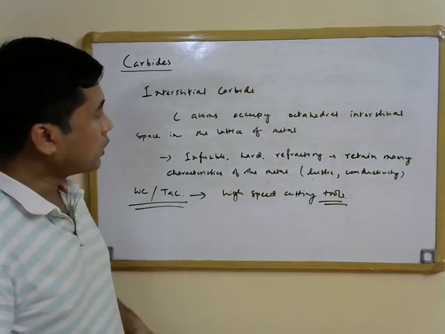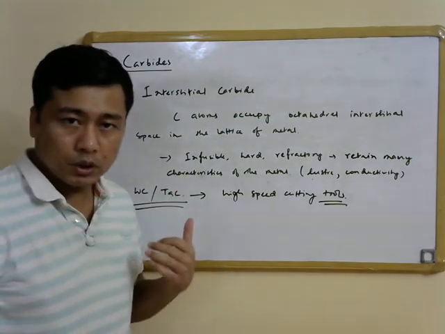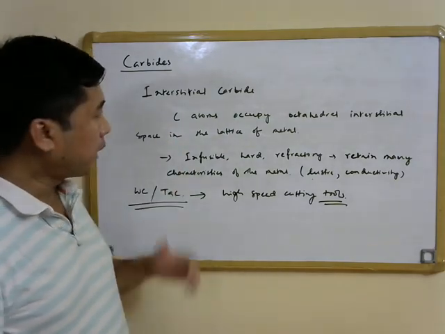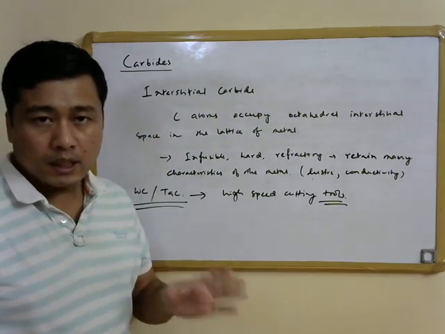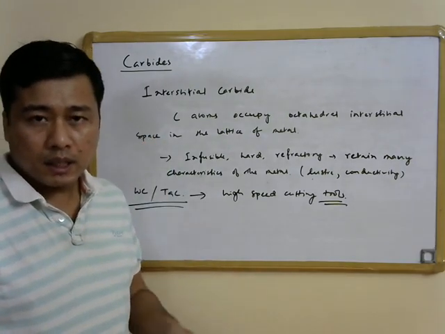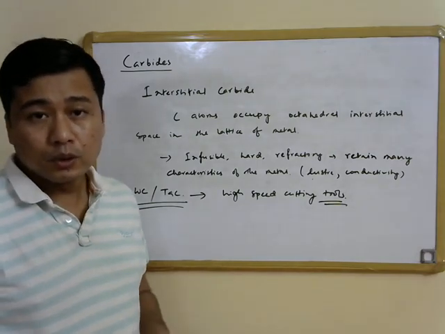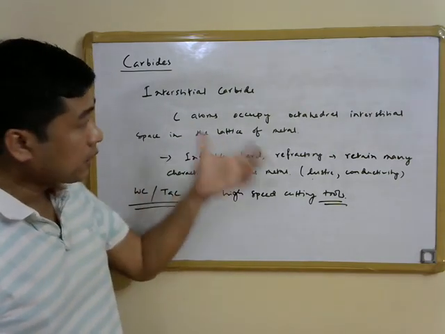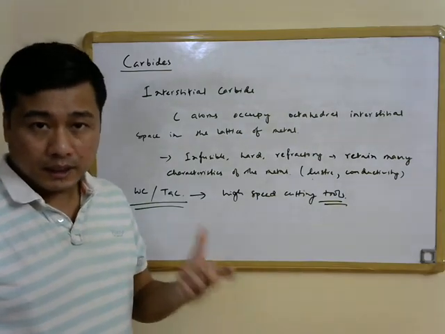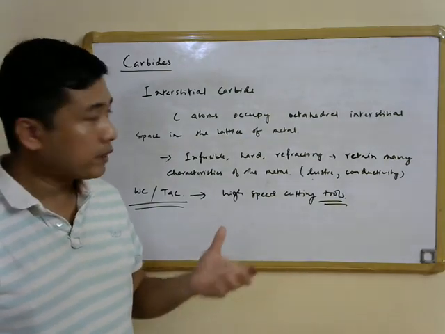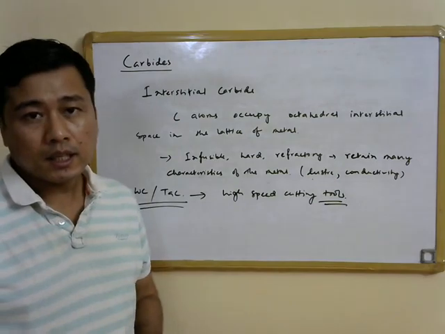Also, what we should notice is that because the carbon atoms occupy interstitial space in the metallic lattice, the size of the metal atoms must be large enough so that the size of the interstitial space is appropriate for accommodating a carbon atom.